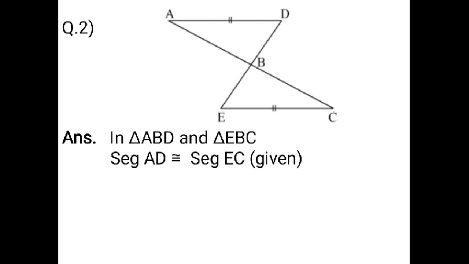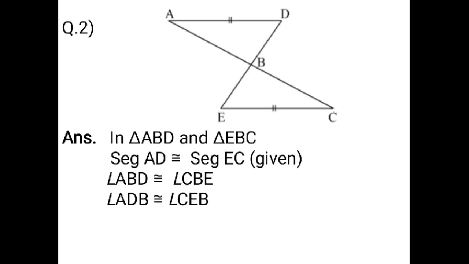First, you can take angle ABD congruent to angle CBE. Then we can take the other pair of congruent angles, that is angle ADB congruent to angle CEB. Okay, and then you'll get angle side test. So you have to write the answer. Angle ABD is congruent to angle CBE. Angle ADB is congruent to angle CEB.